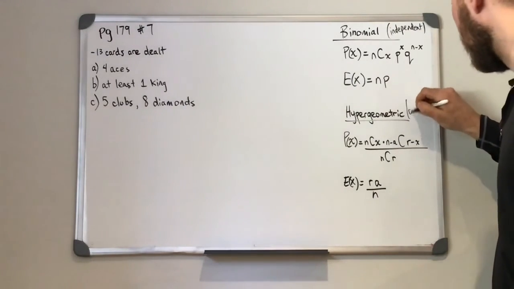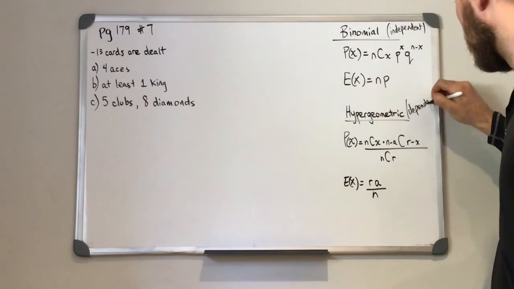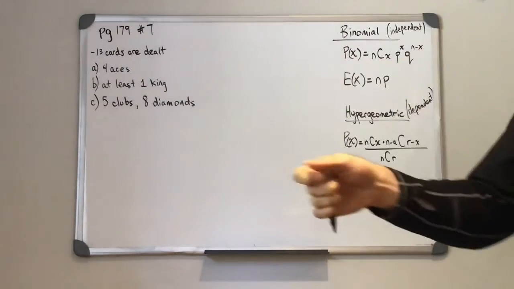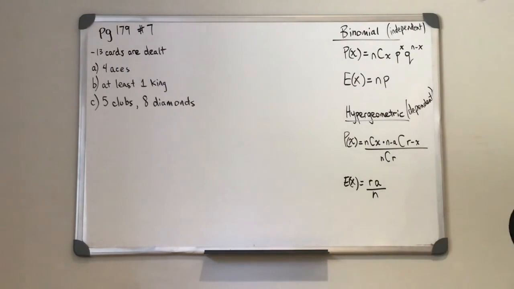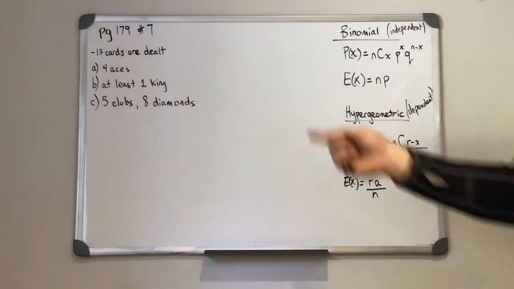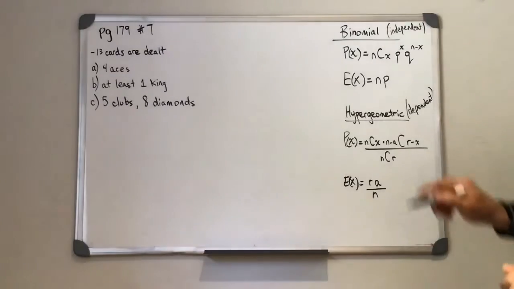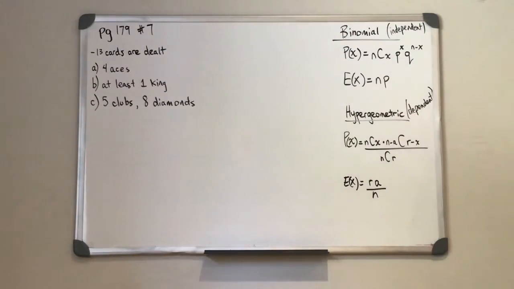Hypergeometric is for dependent events, which means whatever you do the first time is going to affect the next trial. In this question, we're trying to find the probability of getting all 4 aces when we are dealt 13 cards. Each time a card is dealt, the probability of getting an ace changes, so we're dealing with a hypergeometric distribution.